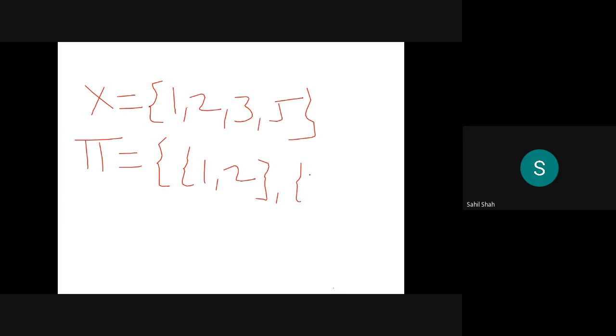The other block is 3 comma 4 comma 5. What is the task? We need to find the equivalence relation induced by pi on X, and you should construct a diagram for it as well.